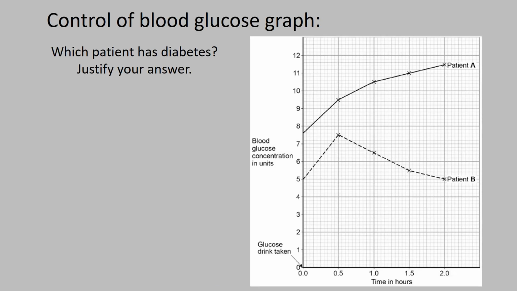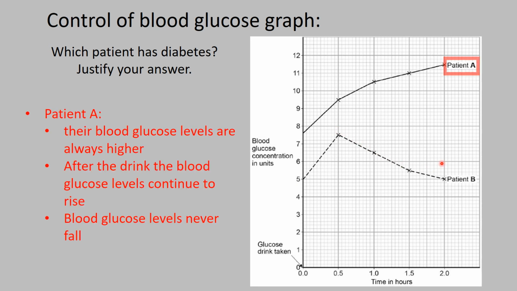Another classic graph that we have is consuming a drink or a meal and identifying and justifying which patient has diabetes or which patient doesn't have diabetes. So we can see for patient A, they have a drink at 0 hours. We can see their blood glucose level goes up over that time, whereas for patient B, it goes up to a peak and then it drops down.